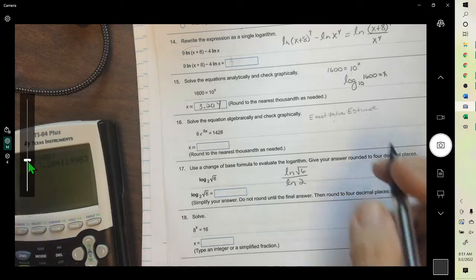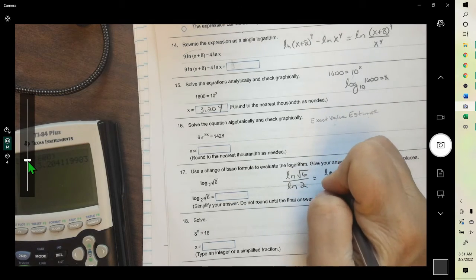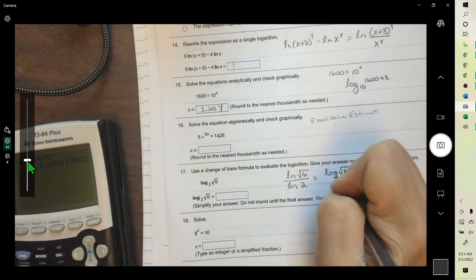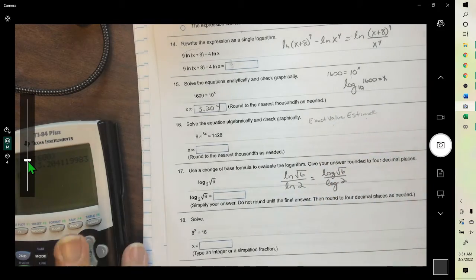Or you could use log square root of 6 over log 2. Either one.